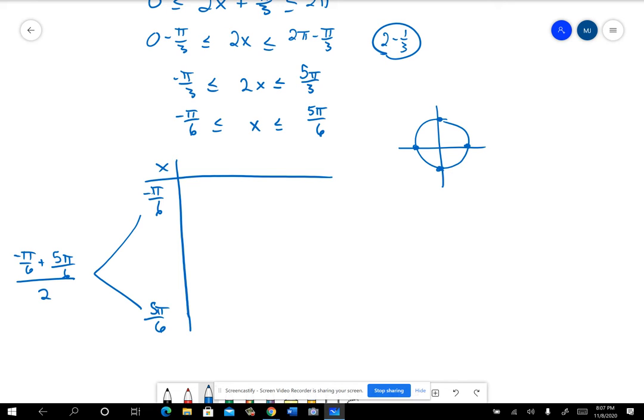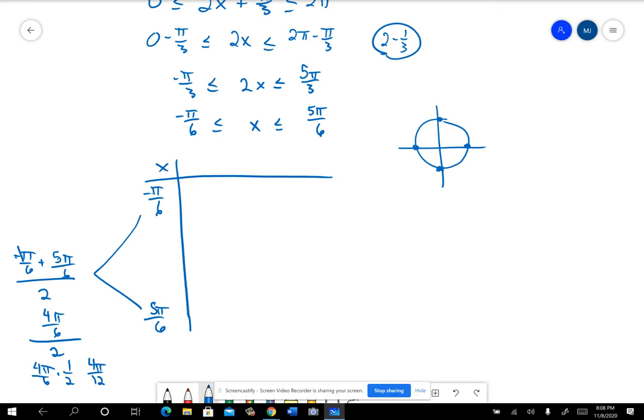Again, you can do this on your calculator if you need to. This is negative 1/6 plus 5/6, which would be 4/6 pi. We're going to divide by 2, which is the same as multiplying by a half. You can do all of this on your calculator. Just leave the pi out and put it back in at the end. See how that would be 4 pi over 12.